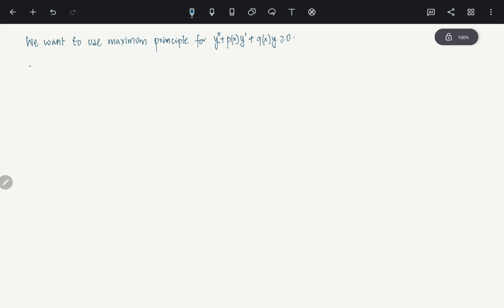Now you see, let me give you an example to show that one cannot expect something like that. Let's say the function y(x) equals sin x. We know that solves y double prime plus y equals 0. In 0 to pi, where do you think the maximum is attained?